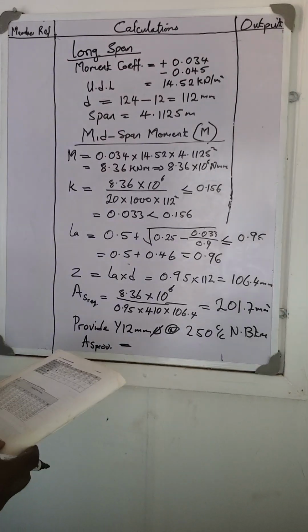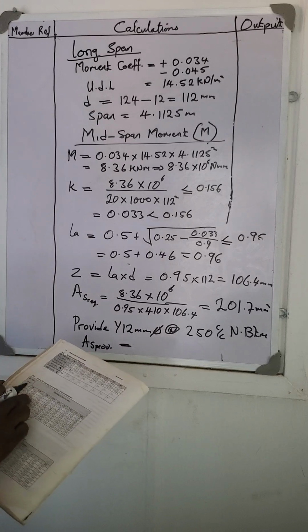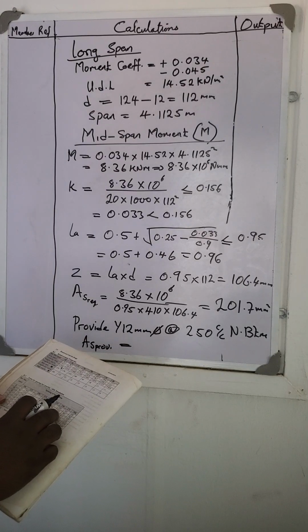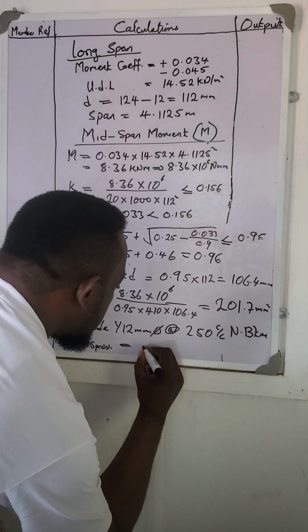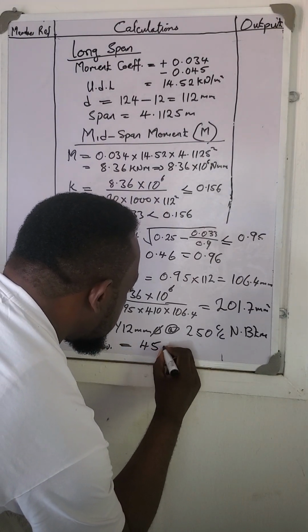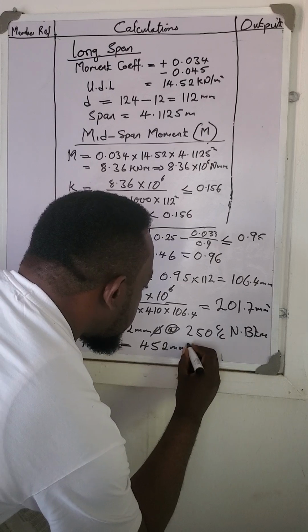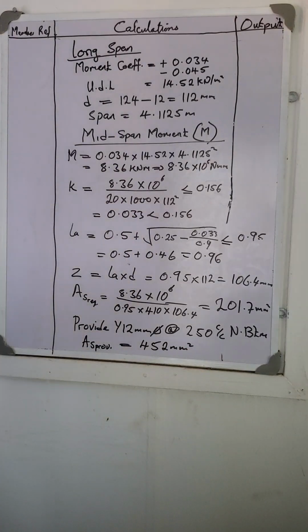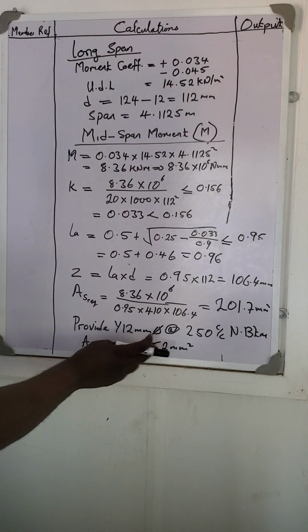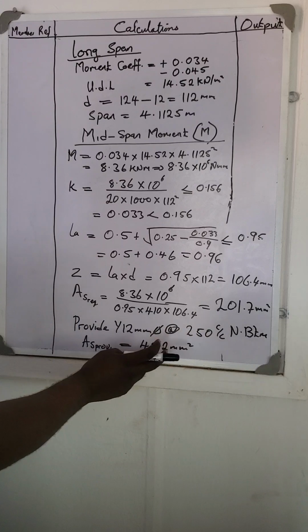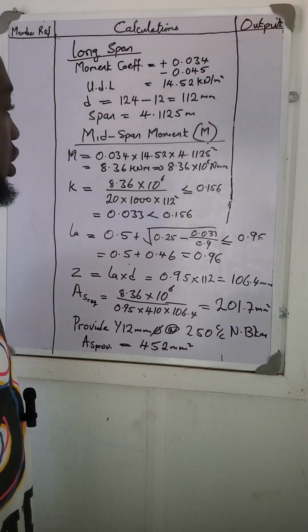Yeah, the area of steel for 12 mm at 250 center to center will be 452 millimeters square. When you are checking for deflection, you make use of this area, this one divided by this, to check for deflection.